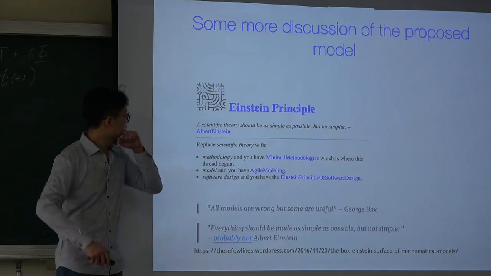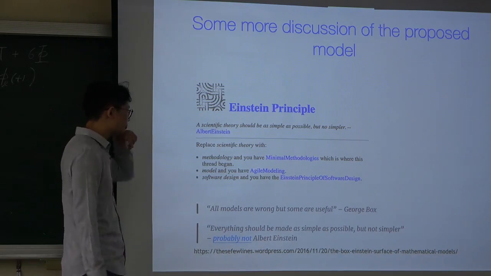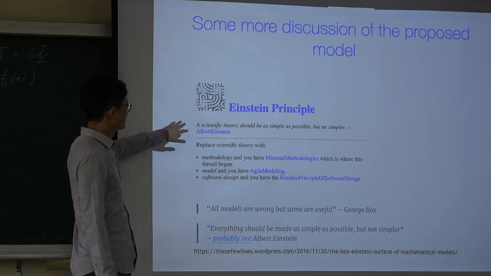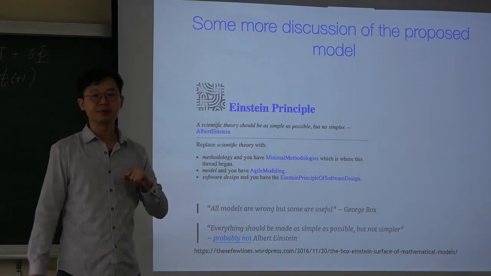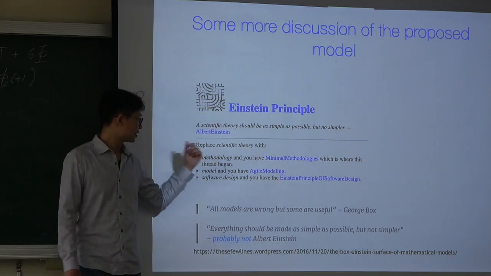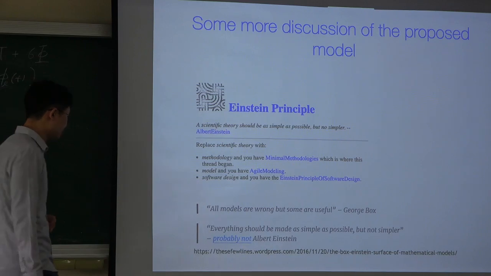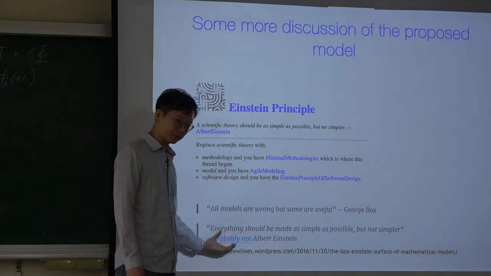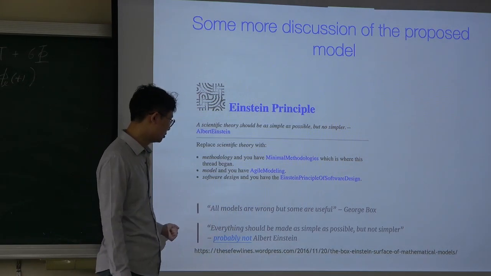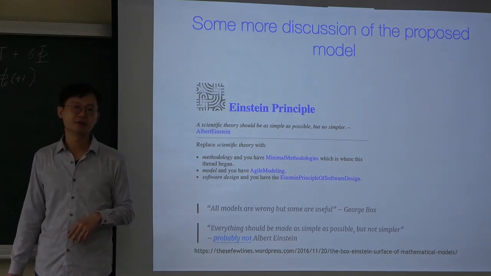Okay, so there are some more discussions. For example, Einstein's principle: a scientific theory should be as simple as possible, but not simpler. That is actually the philosophy we try to follow. And you also see some slogans in data science, for example, all models are wrong, but some are useful.